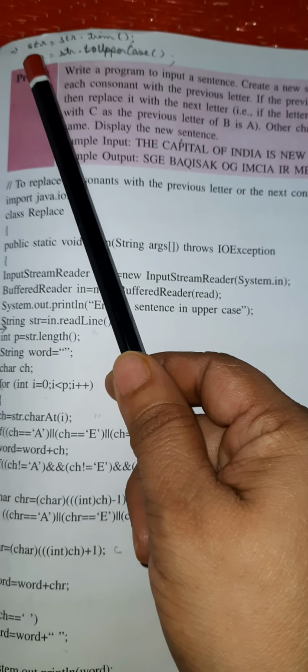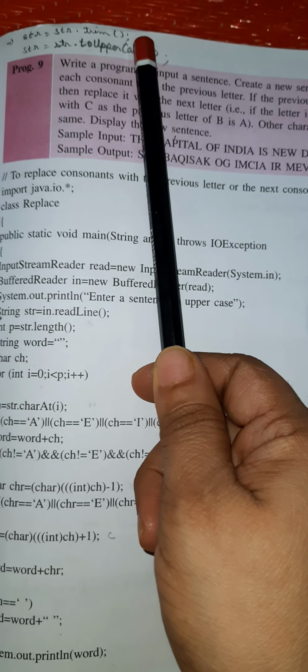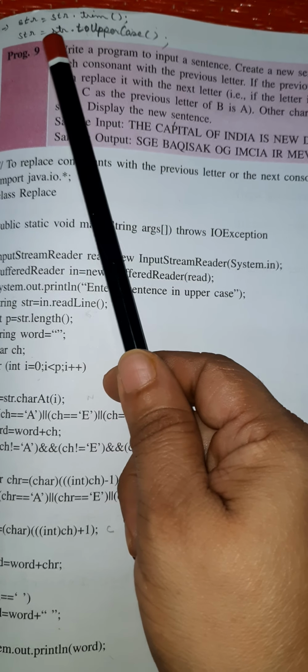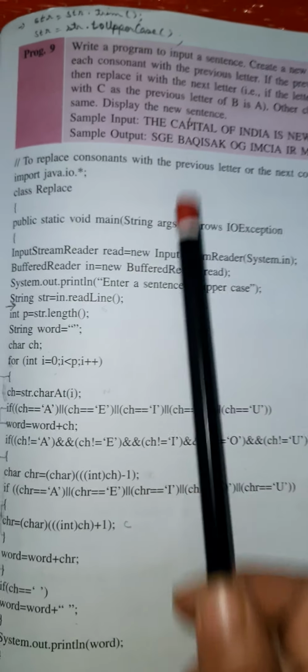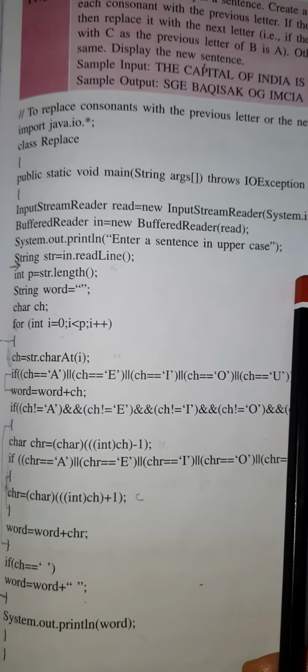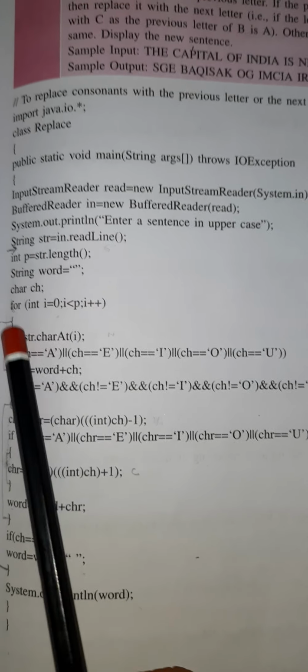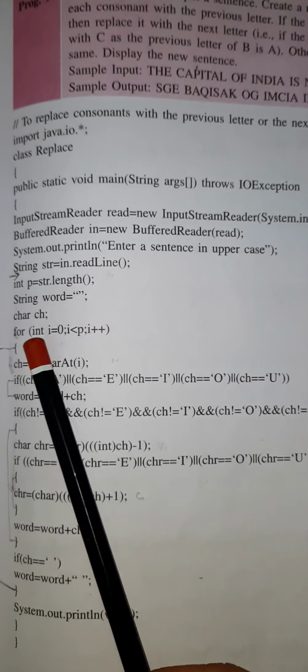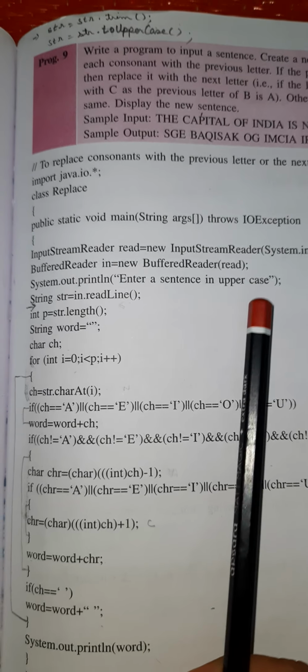One is str equal to str dot trim method. Second, str equal to str dot toUpperCase, because though we are saying uppercase, maybe the user uses small letters, so it will get converted to uppercase. And if it is written in uppercase, then no problem, it will be as it is.